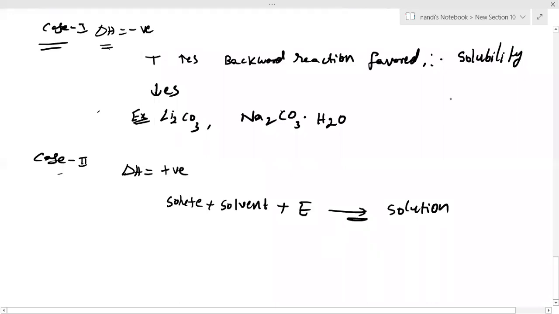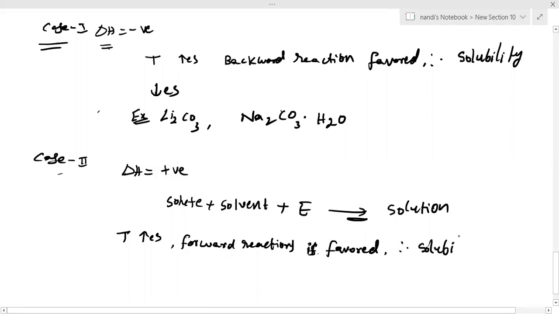For endothermic reactions, when temperature increases, the forward reaction takes place, so solubility increases.